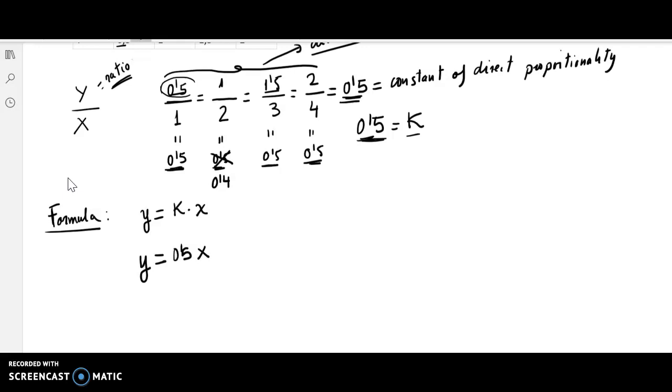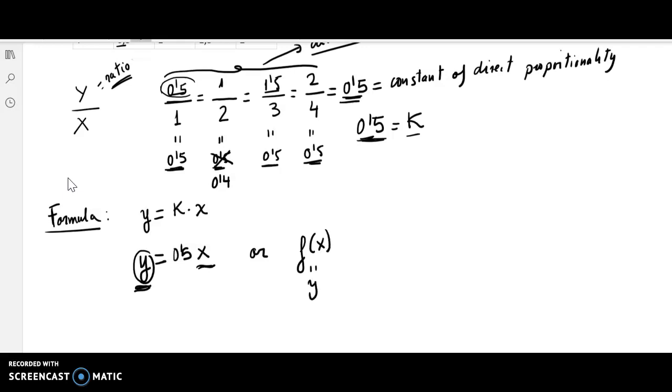Remember that in a formula for a function, you need to write two letters, two variables. One is the x and the other one is the y. We can substitute the y for a different letter, or you can see this letter as f of x.